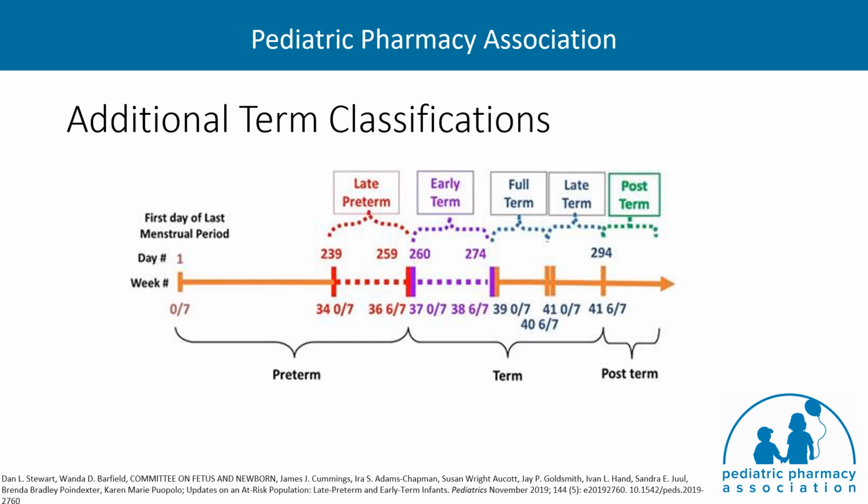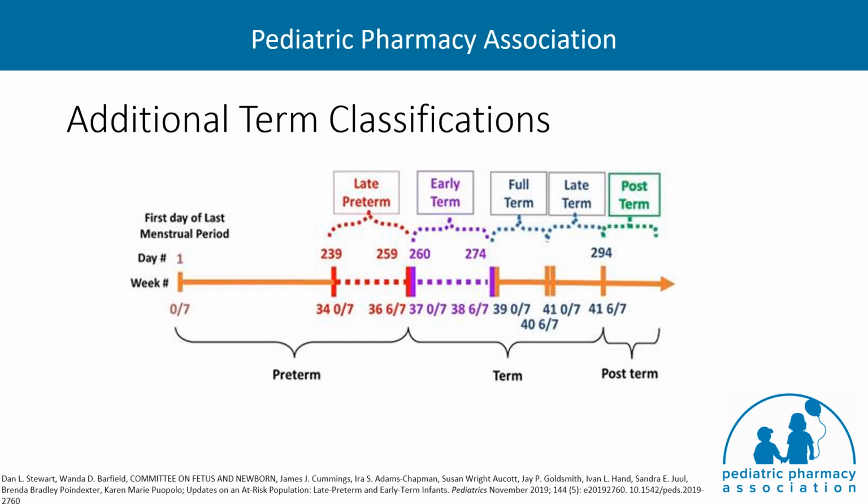Similar to their premature counterparts discussed on the previous slide, our babies born at term and beyond have their own subset of classifications. So if you remember from the previous slide, everything less than 37 weeks is classified as preterm, and you can see that listed here on the left side of this timeline.